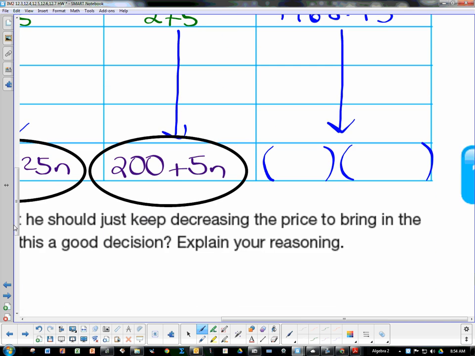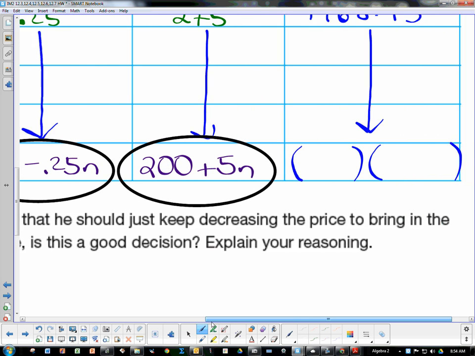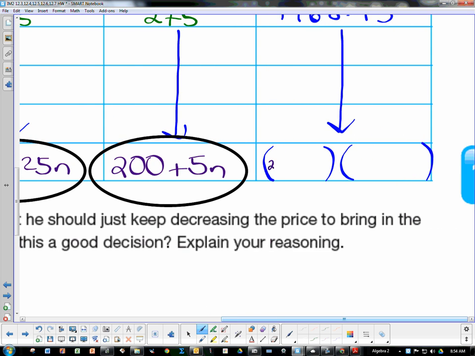This is going to be (20 minus 0.25n) multiplied by (200 plus 5n). Do you think you have the skill right now to multiply that out and write it in standard form if you wanted to? Certainly could.